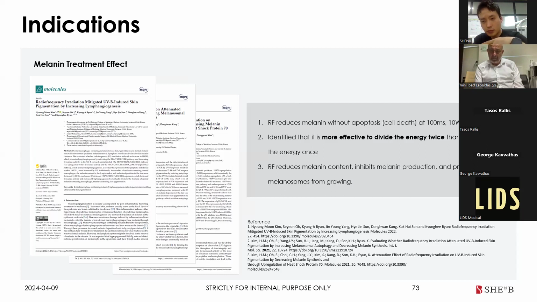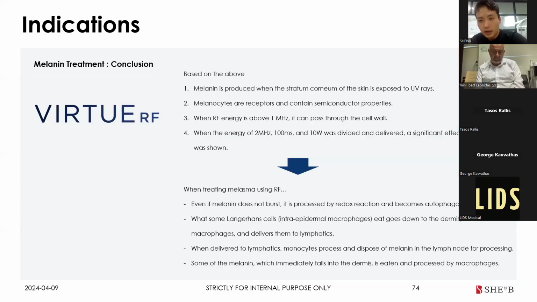The melanosomes membrane are destroyed much faster. Then the macrophages in our body take those deformed melanosomes membrane out of our body, so the melasma is gone. That is the main idea of treating melasma.